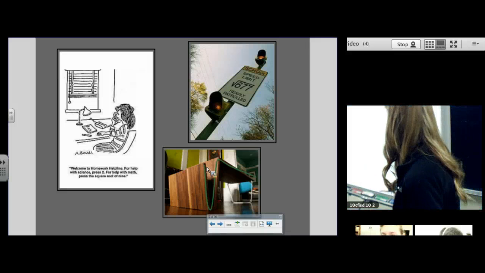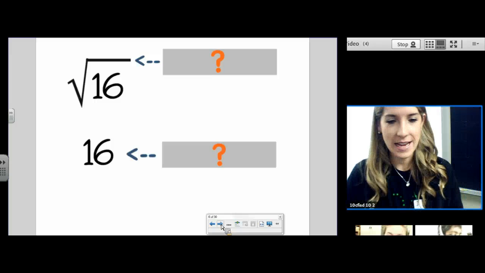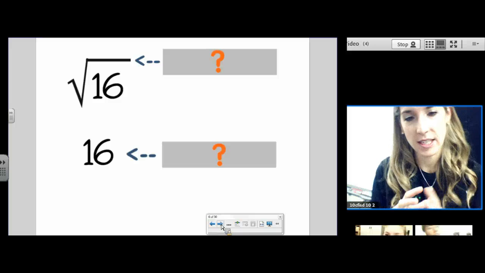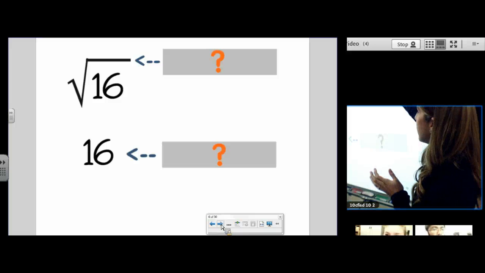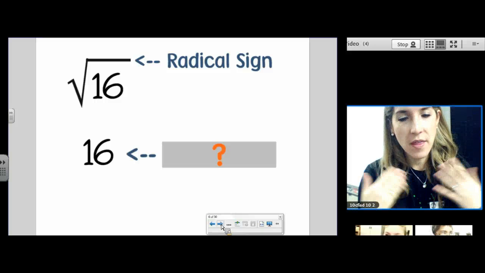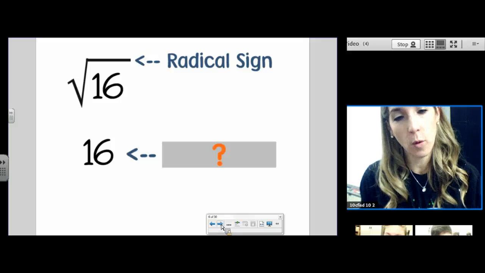Okay, so square roots. Let's talk about them. Let's do some anatomy first. That sign above the 16, you know that as either a square root or as a radical sign, because we know that they're not all square roots. Sometimes they're cube roots, sometimes they're fourth roots.